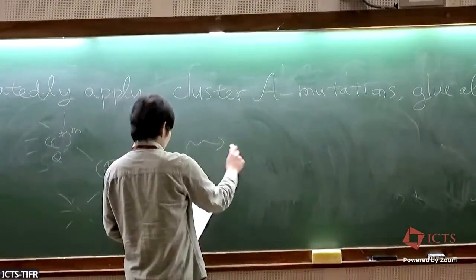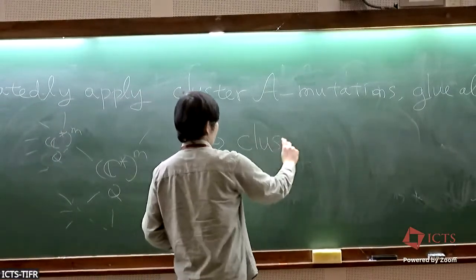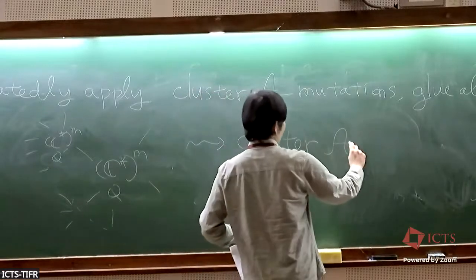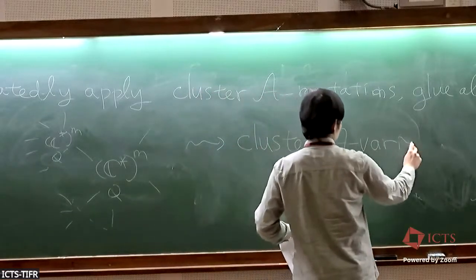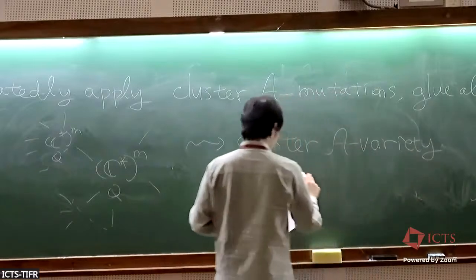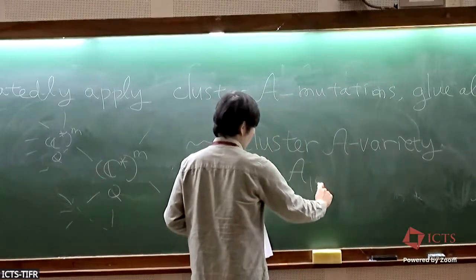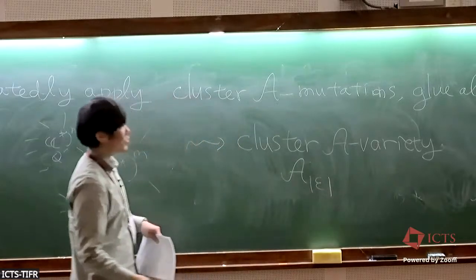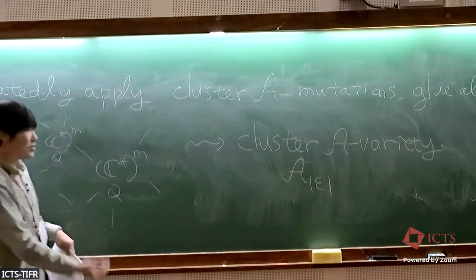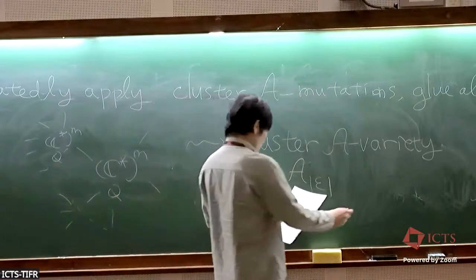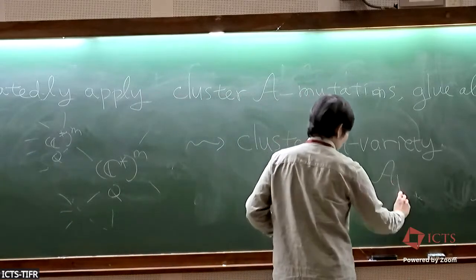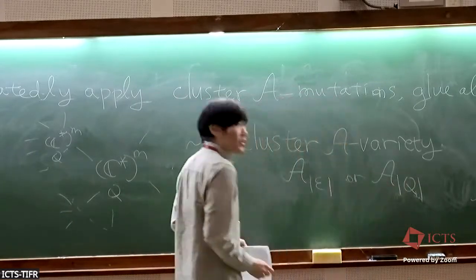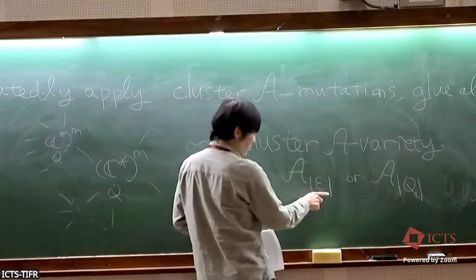So after you glue, what you get is the so-called cluster A variety, which I'll write as A of epsilon bar. Bar means the mutation equivalence class of the initial matrix, or the mutation equivalence class of the initial quiver.